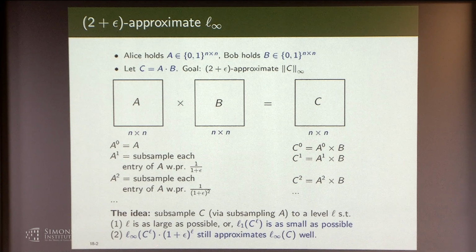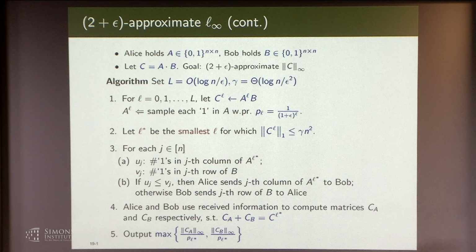And on the other hand, the L infinity norm of CL is still a good approximation of the L infinity norm of the original matrix C. This is the high-level idea, and let's see how we implement it. It's actually very straightforward. Again, we have two parameters: this is the total number of levels, and this is a parameter we use in the second step of the algorithm.